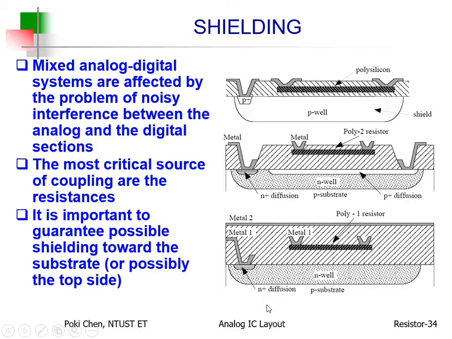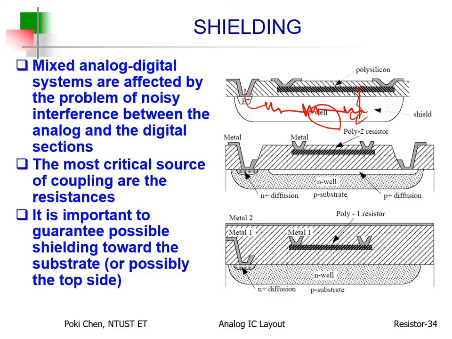So if it generates any kind of noise downward, how can the P well absorb all that noise for you? It's really hard, because of the high resistivity. To make it better, we need to increase the conductivity of such a shielding plate.